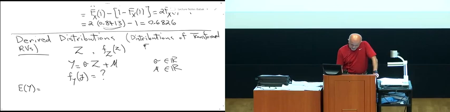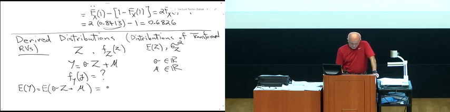So if Z has mean E[Z] and variance sigma_Z squared, what's the expected value of Y? I don't want you to interpret this sigma as standard deviation just yet.